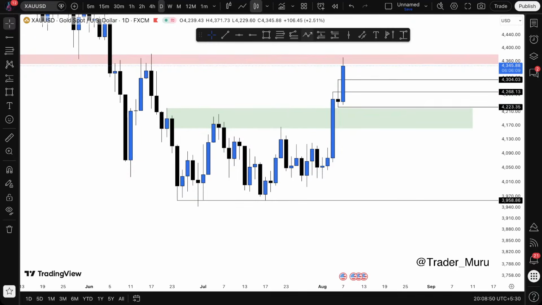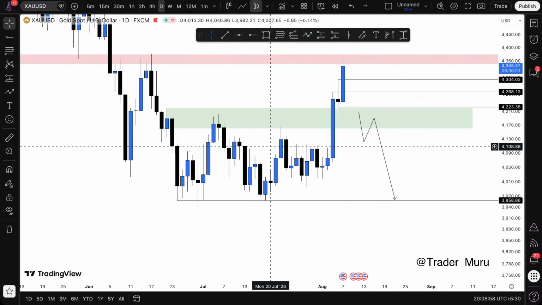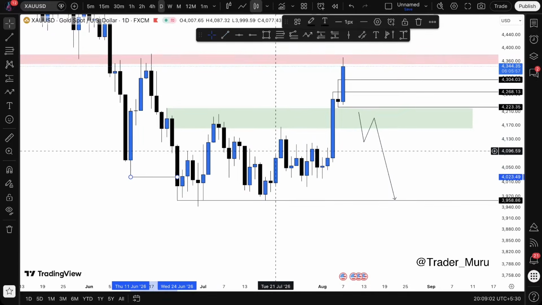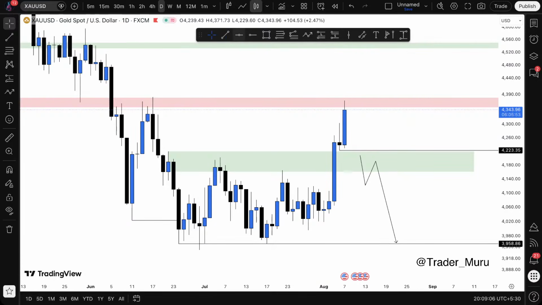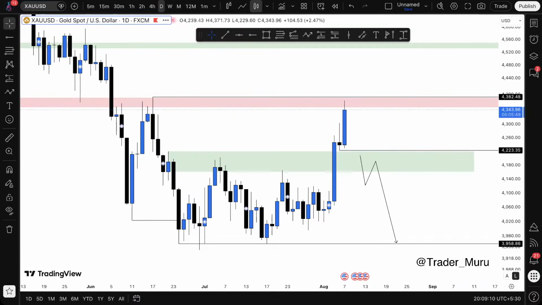Your best short confirmation for a swing entry will be a daily candle closing below this zone and a retest. And for this one, what do we need? Price should not close two candles above the previous daily time frame structural high, which is 4382.